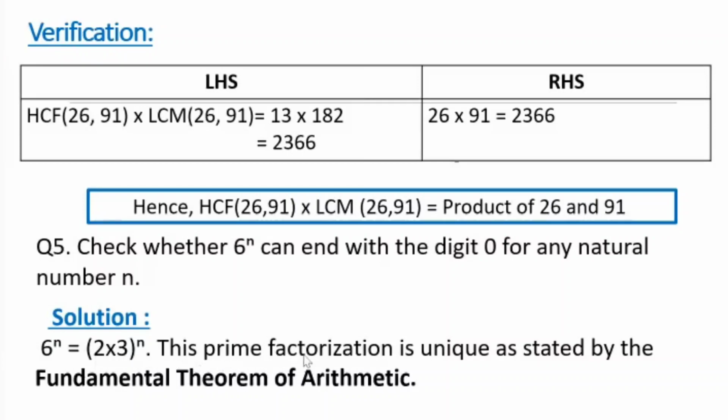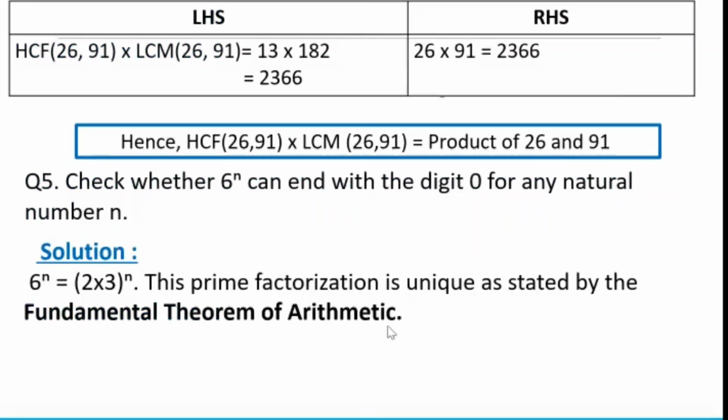The prime factorization is unique as stated by the fundamental theorem of arithmetic. Please understand the usage of this fundamental theorem of arithmetic. I'll have to write, by the uniqueness of the fundamental theorem of arithmetic, this prime factorization is unique. Now, because it is unique, that means I cannot have any other factor apart from 2 and 3.